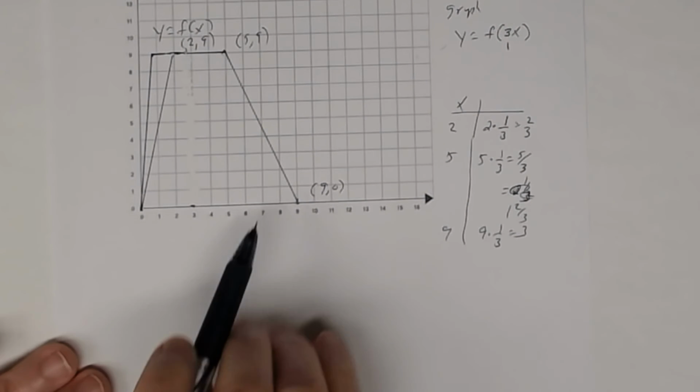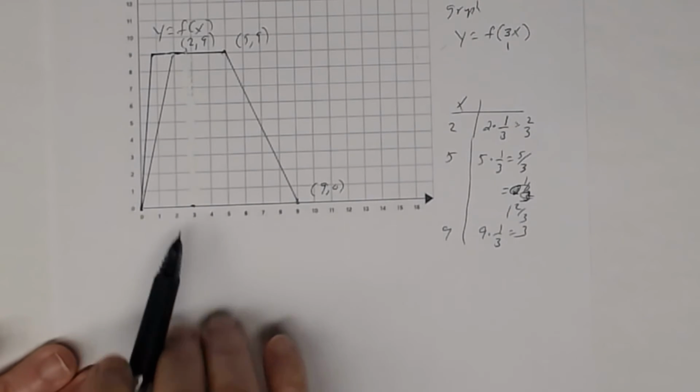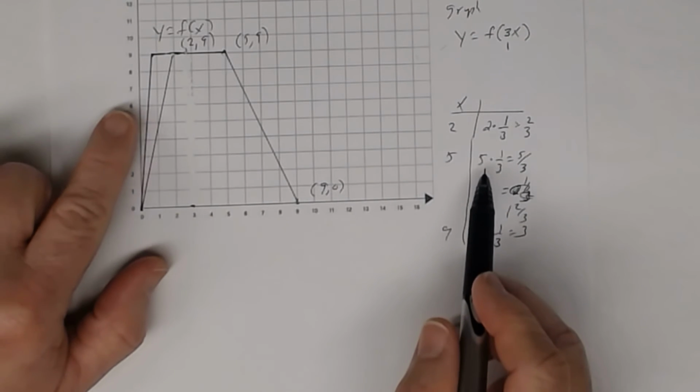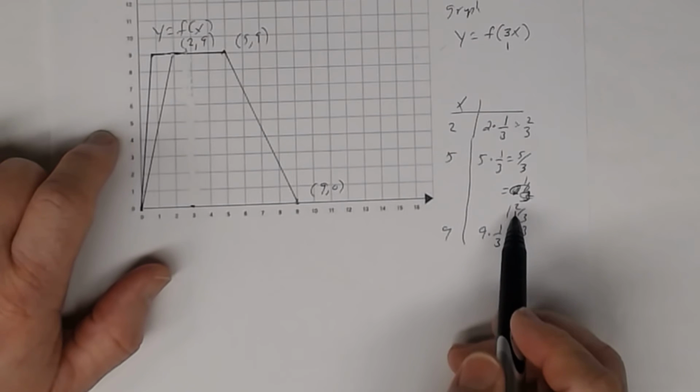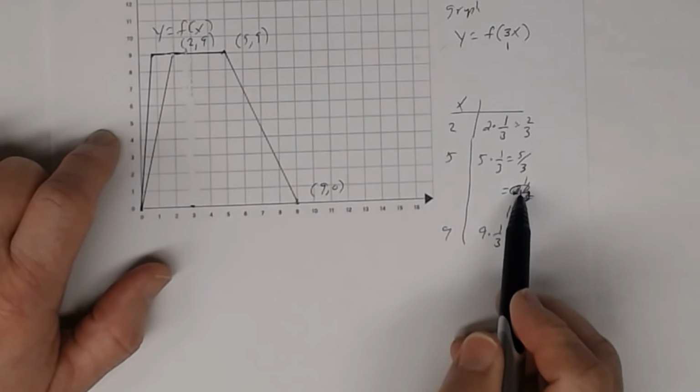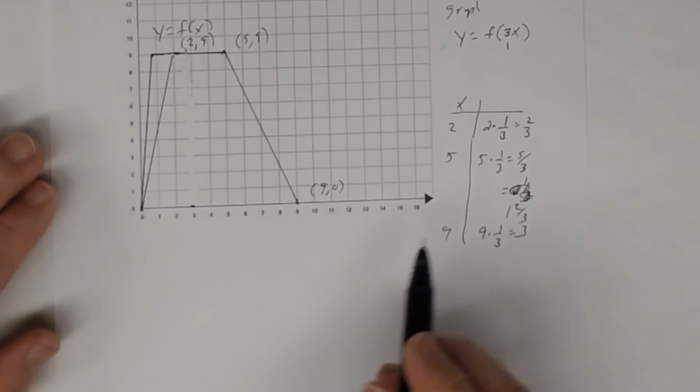Okay, so I went ahead and erased all this right here. Now remember, I made a mistake here. 5 times a third is 5/3, which is 1 and 2/3. I'm not sure why I said 2 and 1/3, but 1 and 2/3.